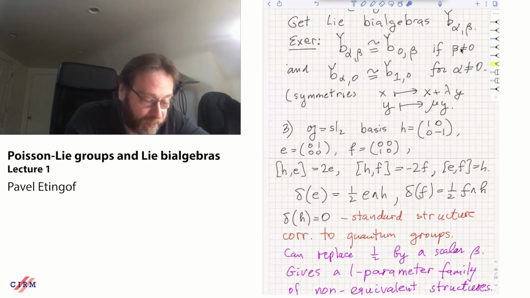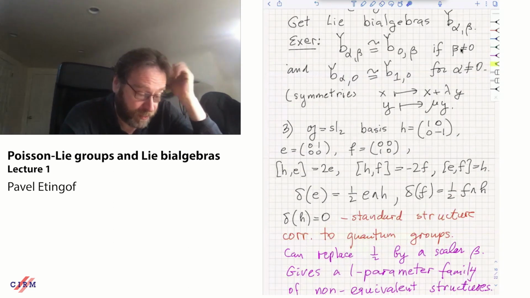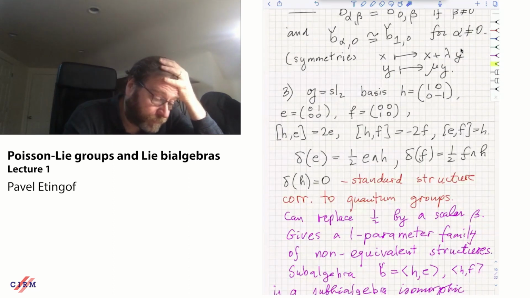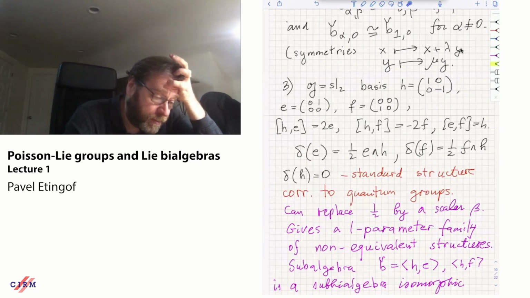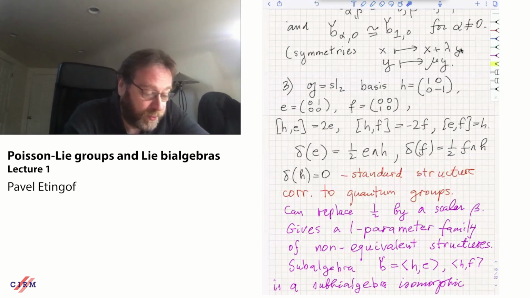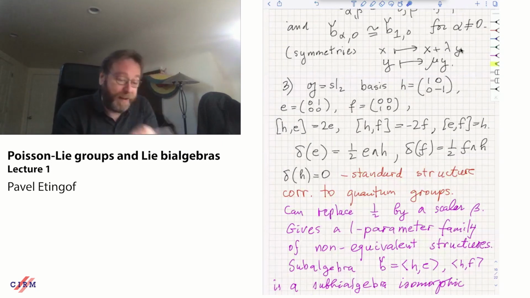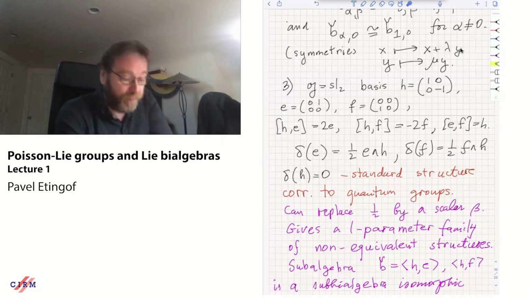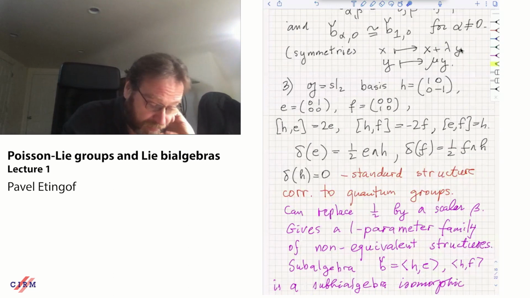You can check that this satisfies the conditions. You can also rescale this, replacing 1/2 by any scalar beta, and this actually gives a non-isomorphic one. So you get a one-parameter family of non-equivalent Lie bialgebra structures this way.